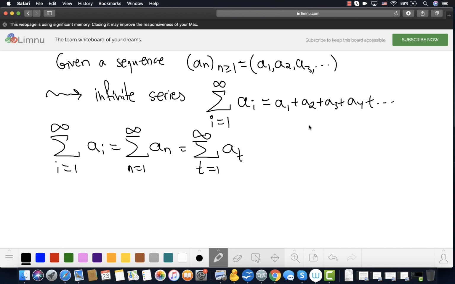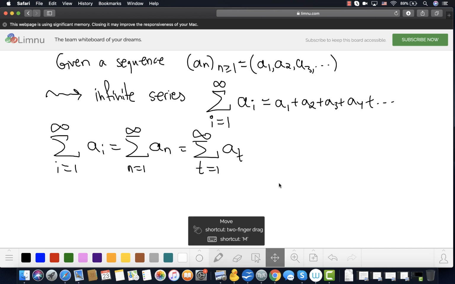And then the second question is if it actually converges to a certain particular number, can we determine that? Like, given a particular sequence, can we determine if this sum is a finite number or if it's infinite? Or maybe it's neither. Maybe it's like oscillating. It's between 1 and minus 1.